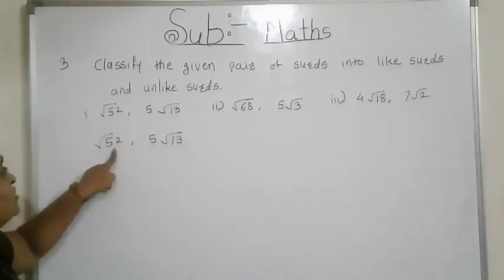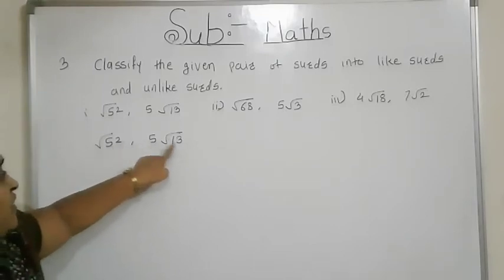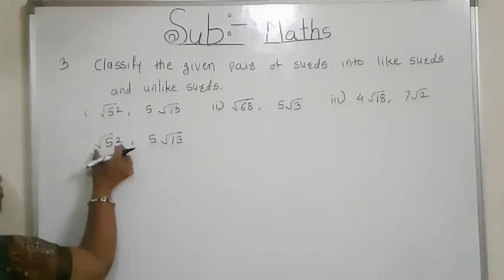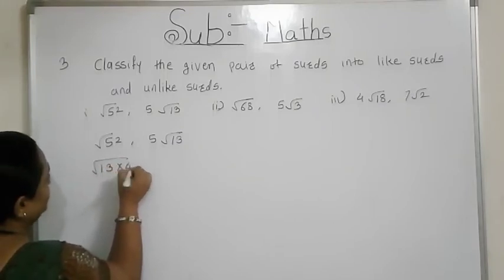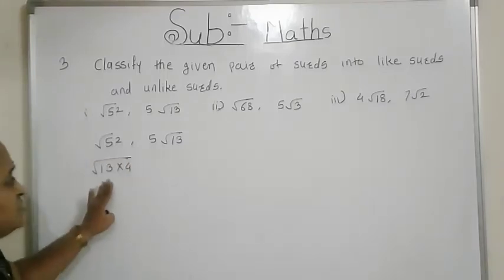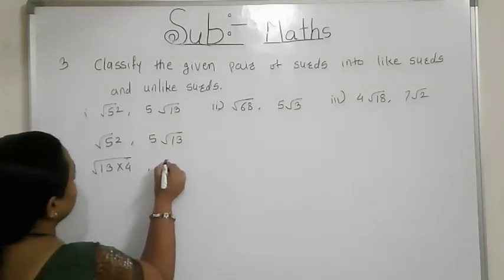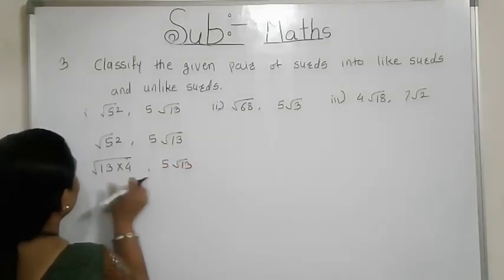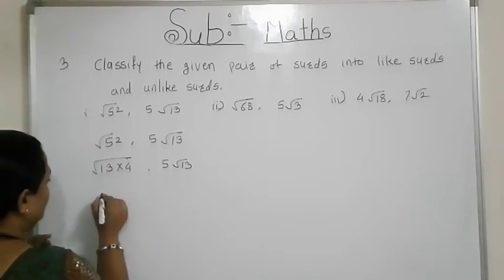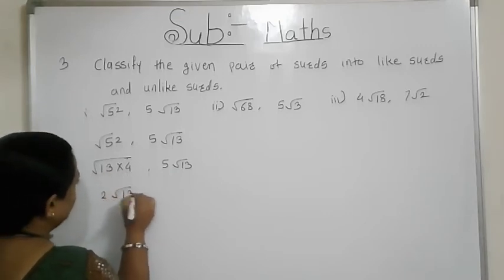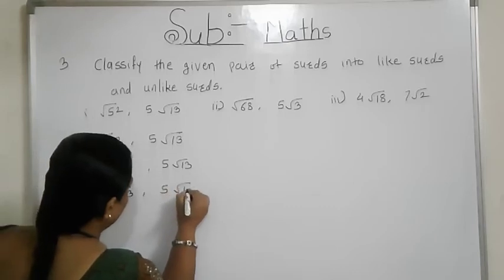Root 52 can be written as root of 13 into 4. Now we have seen how to write the simplest form. Next is 5 root 13. Root 4 is 2, so 2 root 13 and 5 root 13.